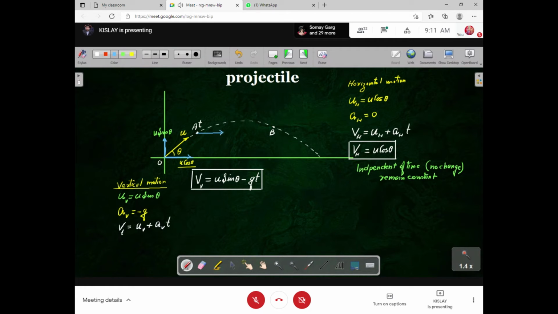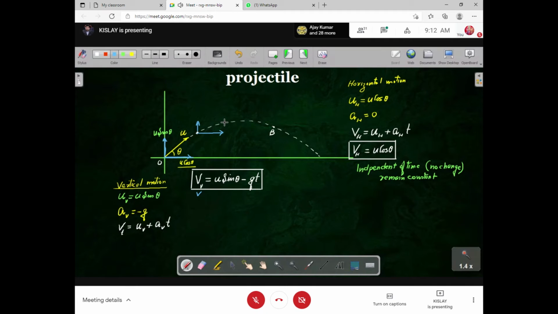Its length remains the same, but this length reduces. The vertical velocity becomes smaller because this is U sine theta minus GT. As time is increasing, this velocity is decreasing.